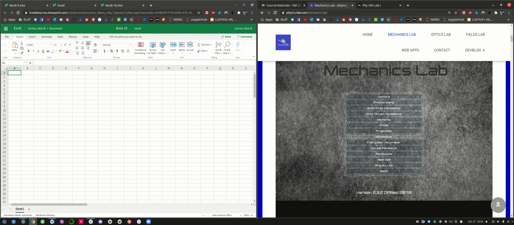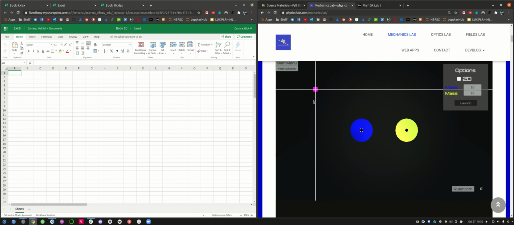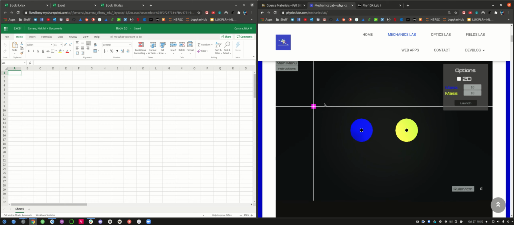So we pick momentum. And you can kind of think of these as two hockey pucks on an air hockey table. Essentially there's no friction between this and whatever they're sitting on. And you have this little cursor that you can move around to measure distances between things, and we're going to need that.